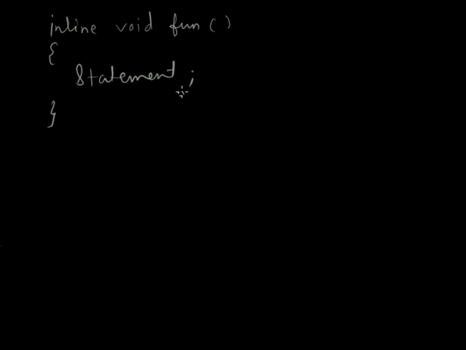Now whenever the compiler sees a function call like fun, it will be deleted and replaced inline. It copies the body of the function and replaces the function call with the body of the function. Now this fun call is replaced by this statement.